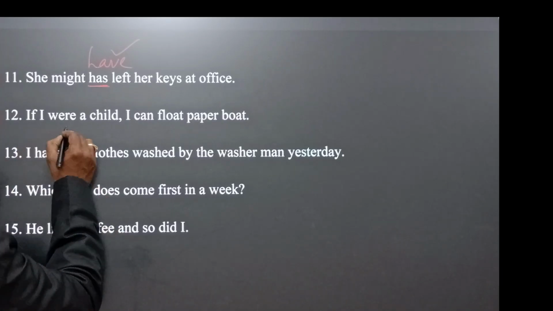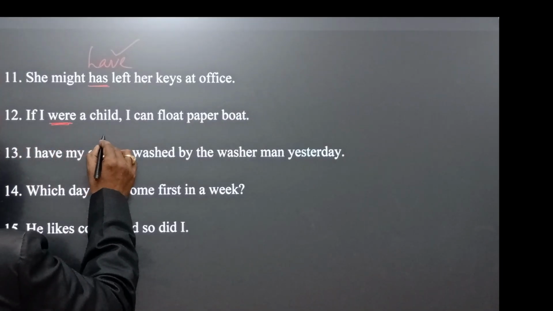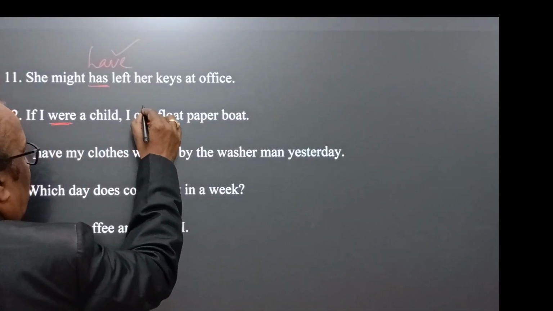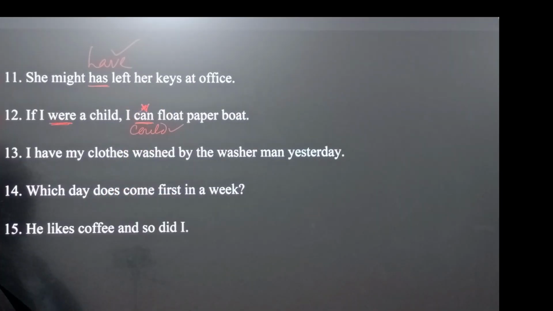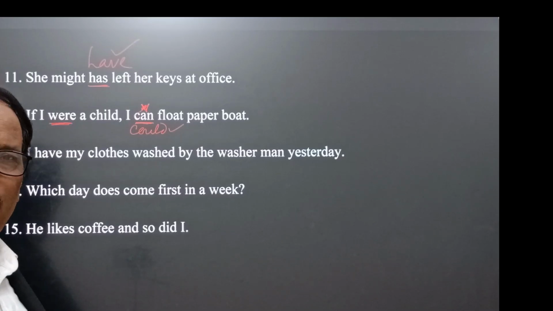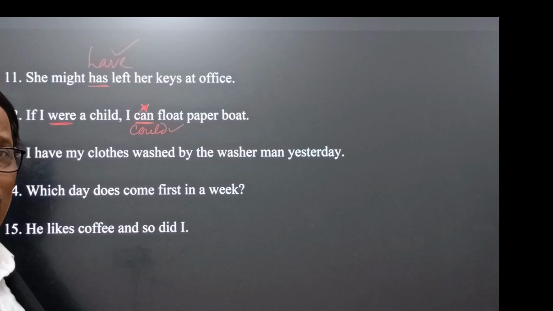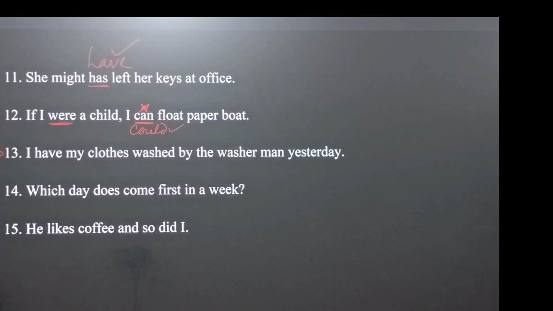Therefore, if I were a child, I can. This is wrong. Correct answer is I could. If I were a child, I could float paper boat. It means I am not a child. Therefore, I can't float paper boat. Number 13.